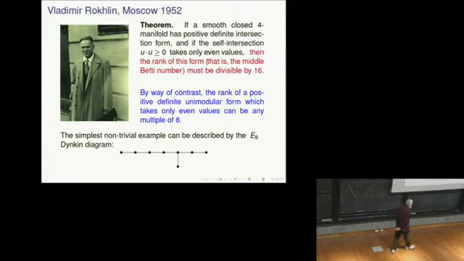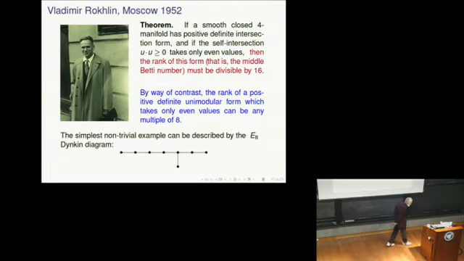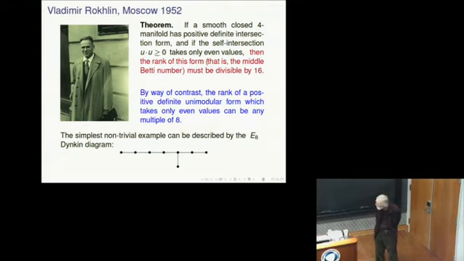And if there's no line between them, then they're orthogonal. So this describes a unique matrix which has determinant +1 and rank 8. And by Rokhlin's theorem, this example can never occur as the intersection matrix for a smooth 8-dimensional manifold.